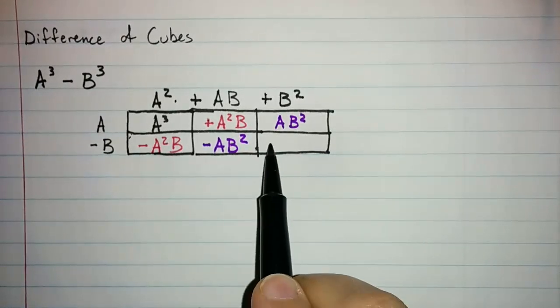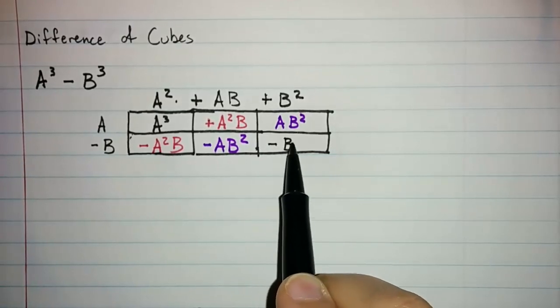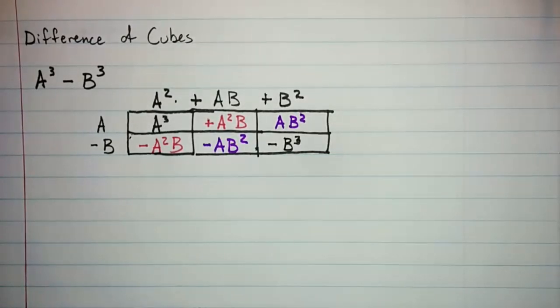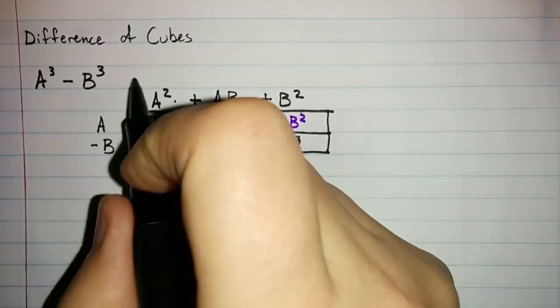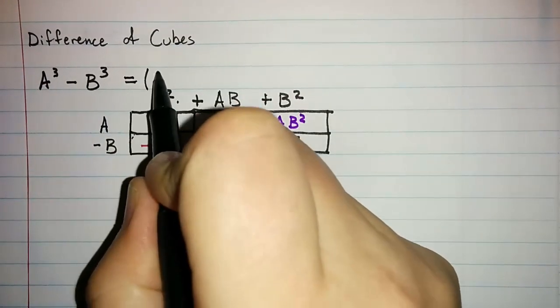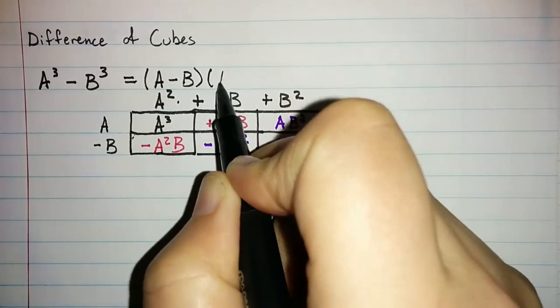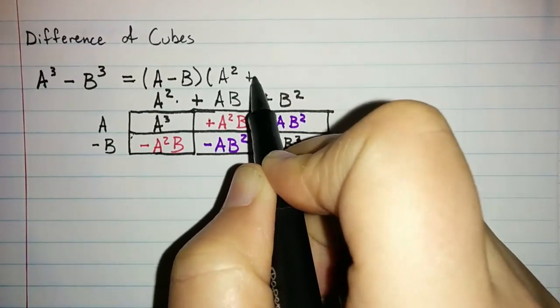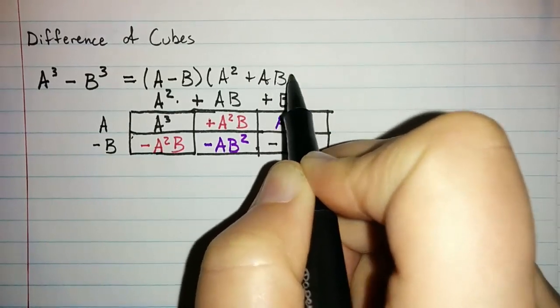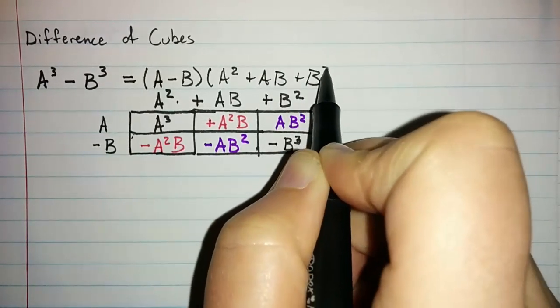B squared times negative b gives me the negative b cubed I was hoping for. So this is weird looking, but it works. A cubed minus b cubed factors as a minus b times a squared plus ab plus b squared.